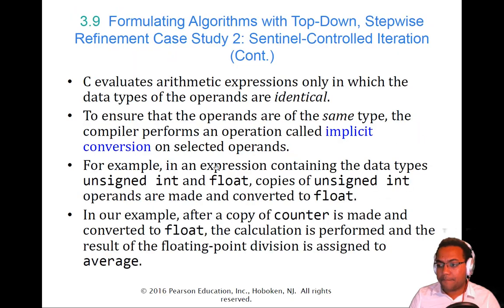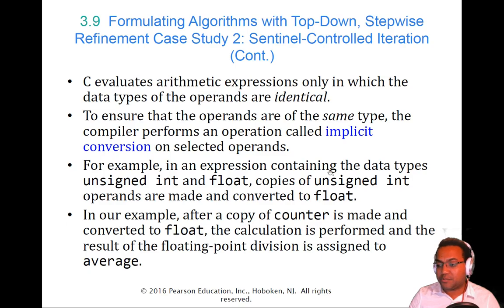C evaluates arithmetic expressions only in which the data types of the operands are identical. If you try to convert letters to integers, like your name, Francis, and you try to convert that to an integer, it's going to tell you that can't be done. To ensure that operands are of the same type, the compiler performs an operation called implicit conversion.